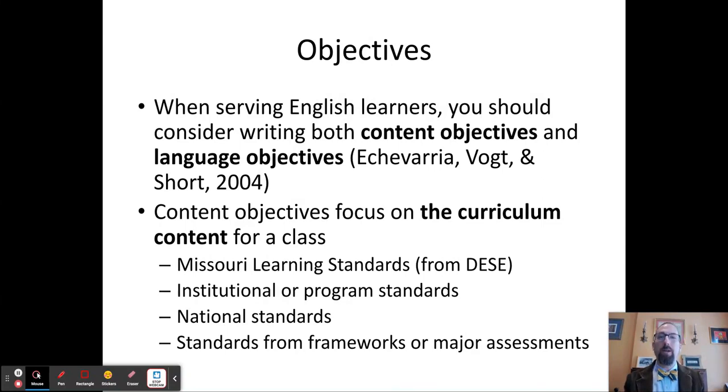If you're a teacher based in Missouri, you would look at the Missouri Learning Standards from DESE. In other locations, you could look at institutional or program standards. There are different national standards that you may have in your country, or different standards from frameworks or other major assessments. And there will be a slide later in this presentation that will list some ideas for those.